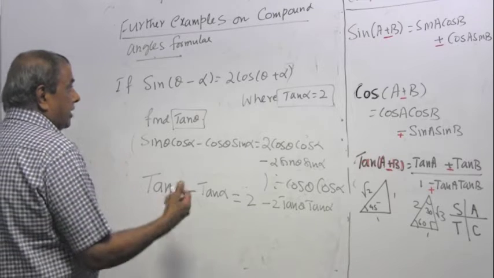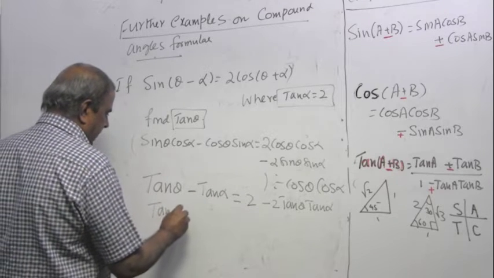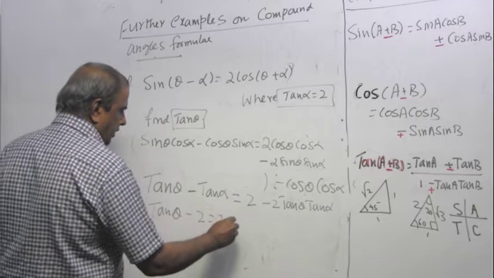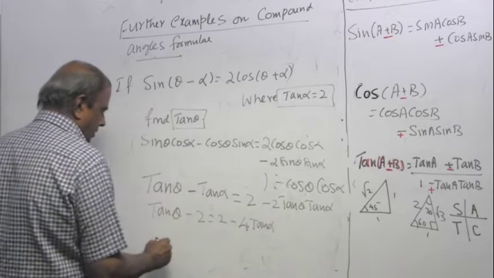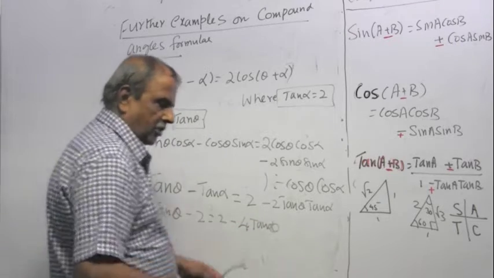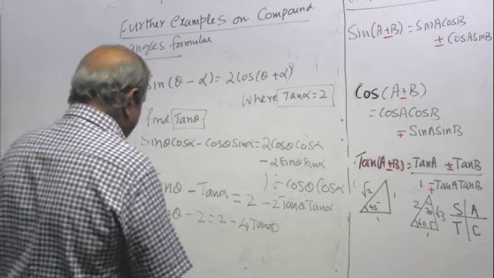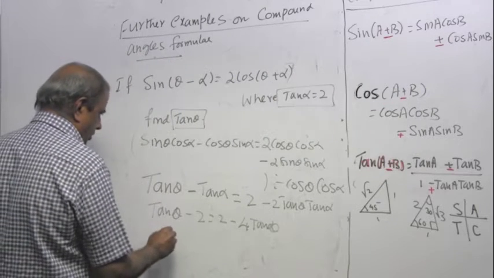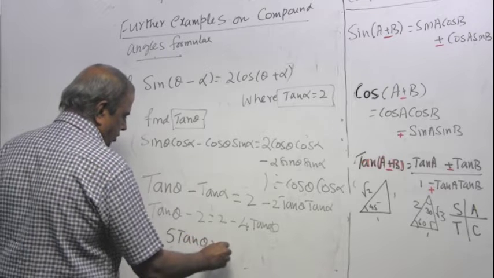But I know tan alpha is 2. So tan theta minus 2 is 2 minus 4 tan theta. Oh, 4 tan theta. So this pen is gone. Let me look at the third pen now, so 5 tan theta equal to 4.